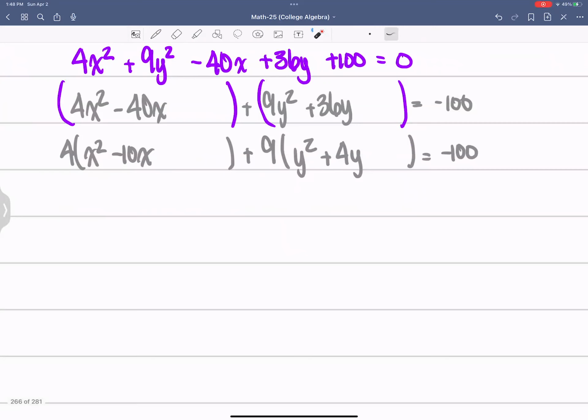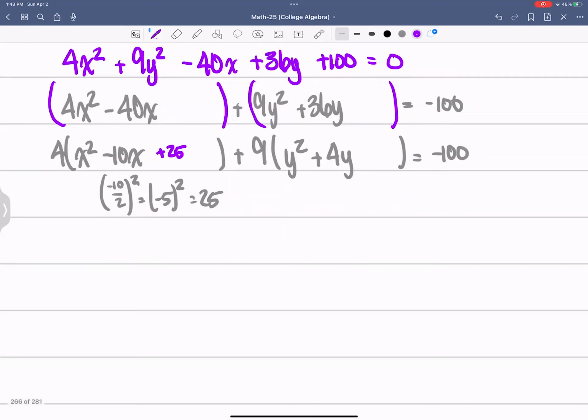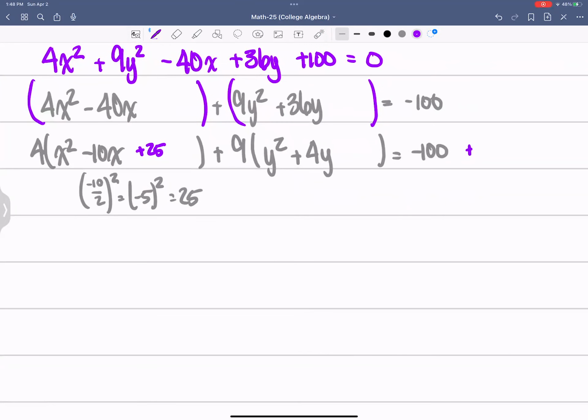And now we complete the square. Half of b, squared: half of negative 10, squared. Negative 10 divided by 2 is negative 5, squared, which is 25. So in here, we add 25. What we do to one side, we also do to the other, so over here we're also adding 25.